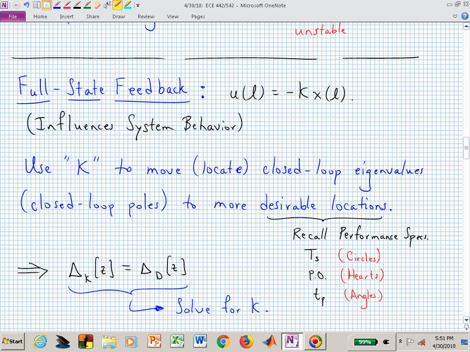Hearts, how do we want our hearts to be shaped or adjusted if we want less overshoot? Do you now have a mental image of what these hearts look like? What's our heart shape when zeta, the damping ratio, is 0? What does our heart look like when zeta is equal to 0?